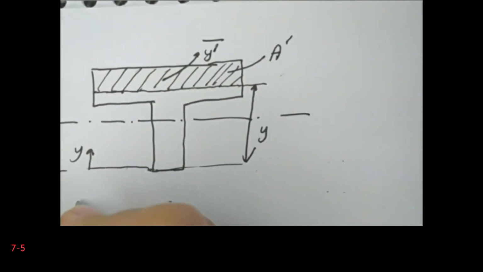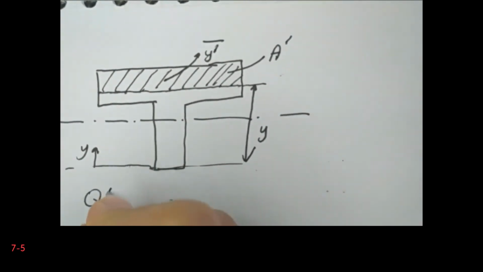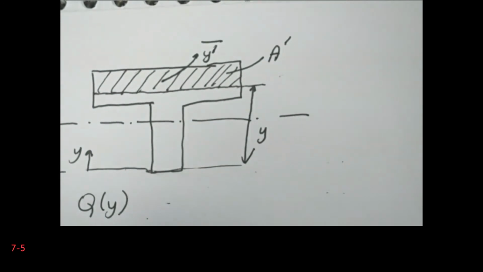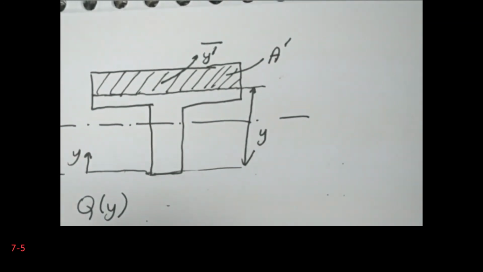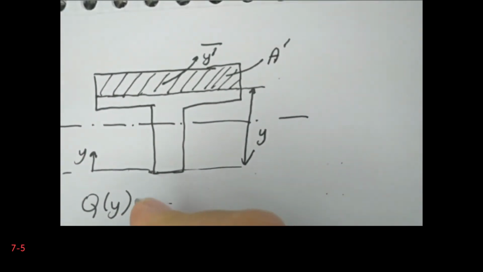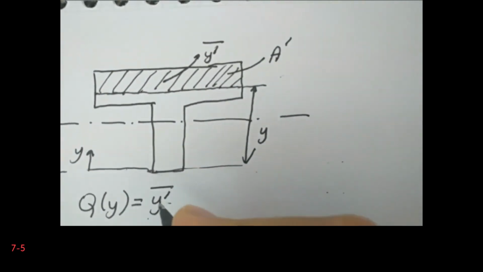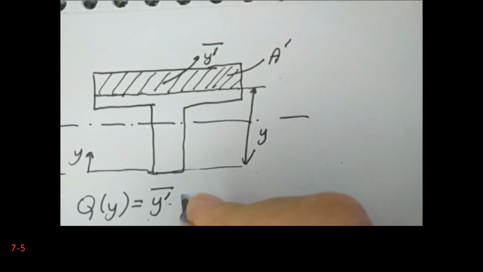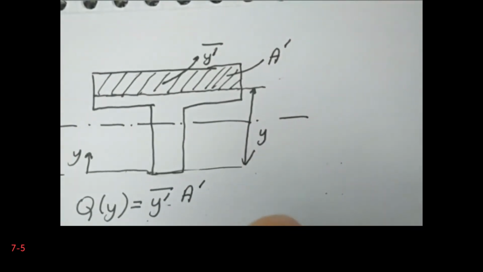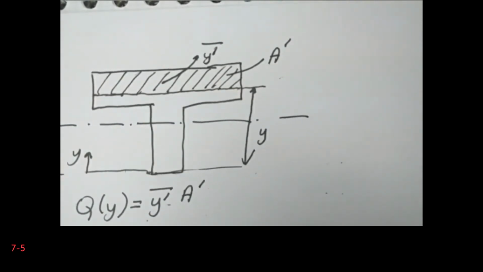Q is a function of y. In fact, it is equal to y prime bar multiplied by A prime. Now let's write the y prime bar.